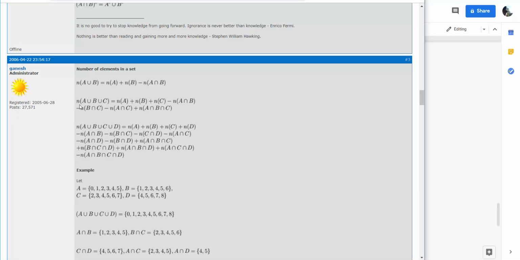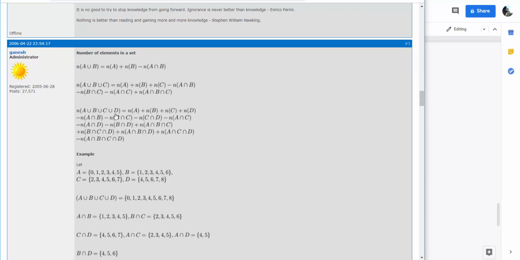The number of elements in A union B union C is the number of elements in A, plus the number of elements in B, plus the number of elements in C, minus all the duplicates that result from the intersections between A and B, B and C, and A and C. Now there's something else being added here, and then you add the intersection of all of these together. I'm not sure why this is the case, but I'm sure there is a reason. So let's assume that there is a reason.